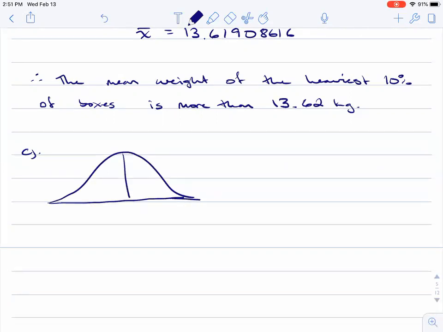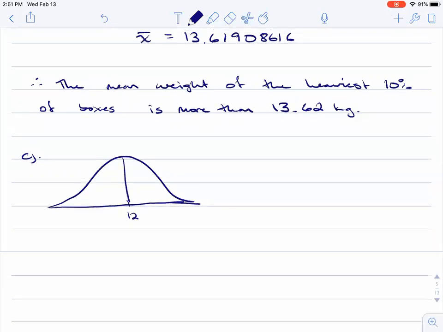So we've got this normal distribution centered on 12. And then here at some X bar lower and some X bar upper, we've got the central 90%.